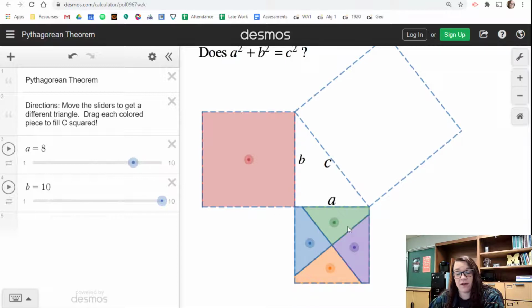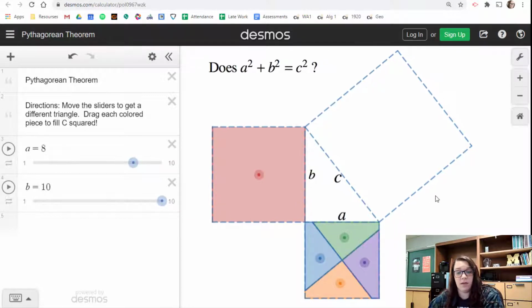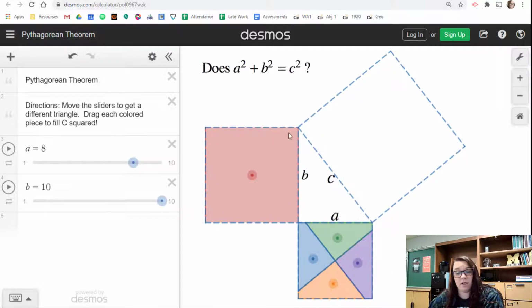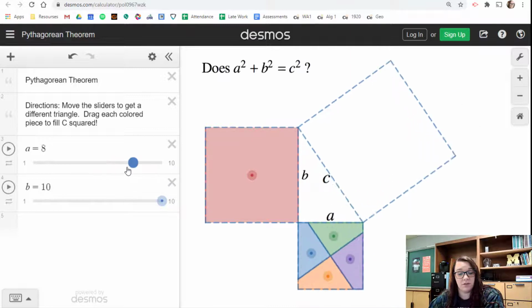So if I was going to find the area of this square, it's a for the length and a for the height, so it's a squared. And then the area of this square is b by b, so it's b squared. Now over here, I've got a right triangle made from a and b that's length c. And I can change how big this is so it'll convince you of what's going on.